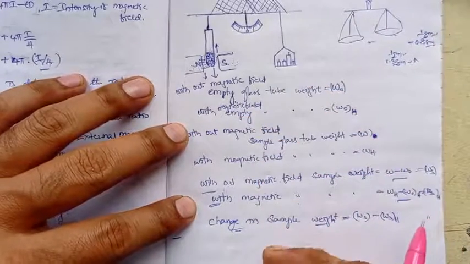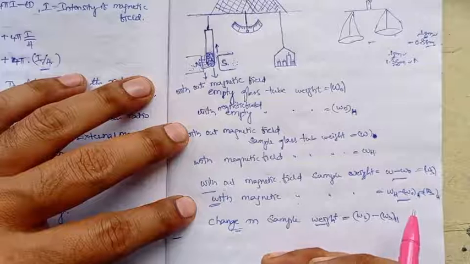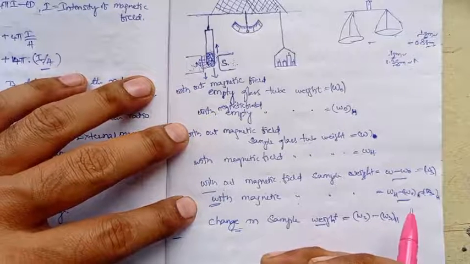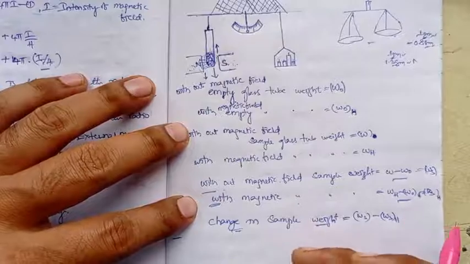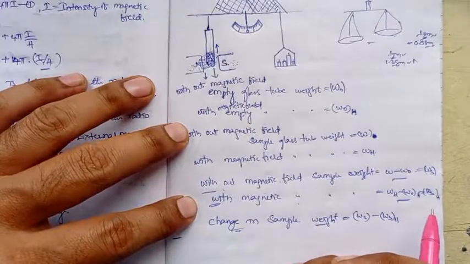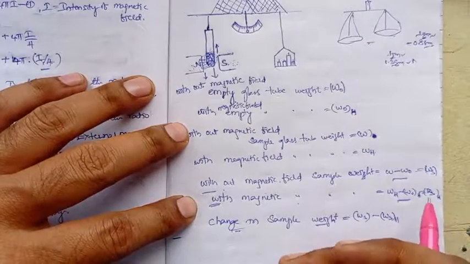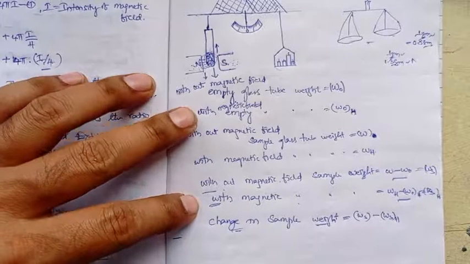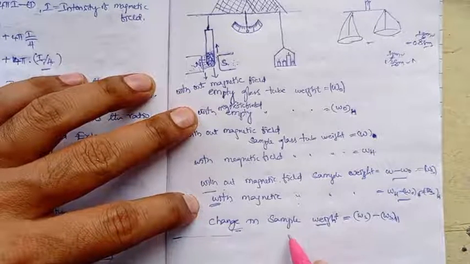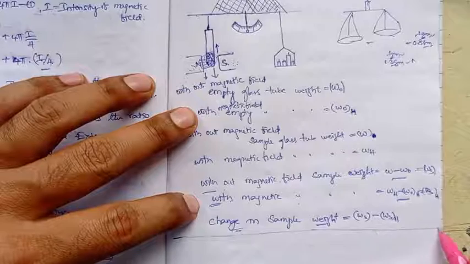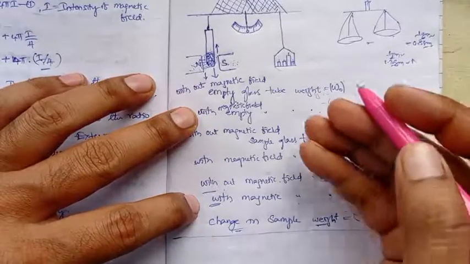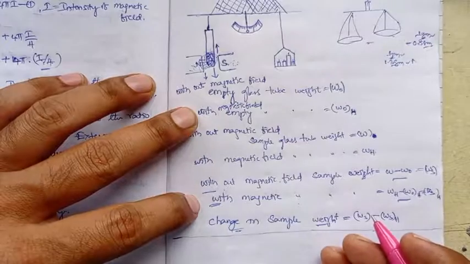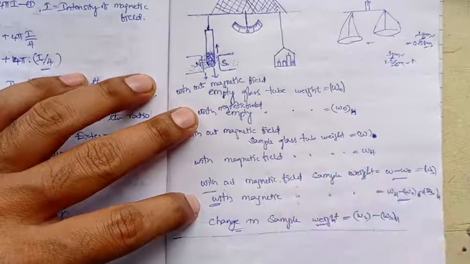Let us do some derivation, and there you will get the magnetic susceptibility equation, and from it the magnetic moment calculations. This is what we do experimentally in the field: weighing the sample and weighing the empty tube.